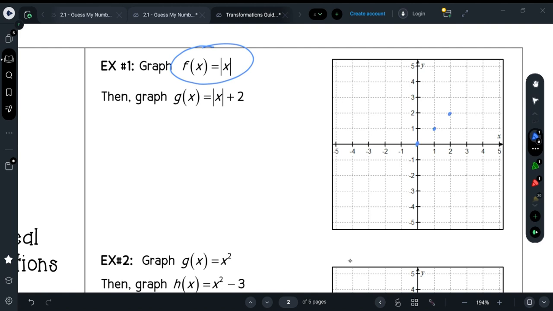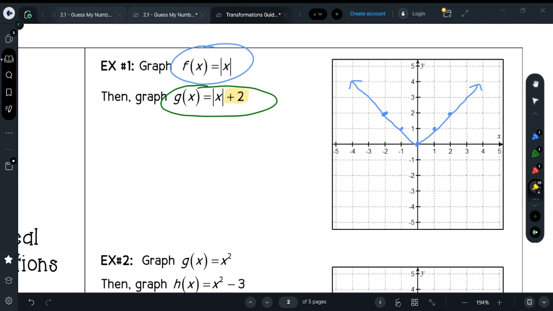And then if you remember this one, this is the V shape. The V in the word value is your reminder that absolute value has a V shape. That's the graph of the parent function. Now let's take a look at the second one here, g of x. Okay, what's different about this? It's still an absolute value, but now it's got plus 2.